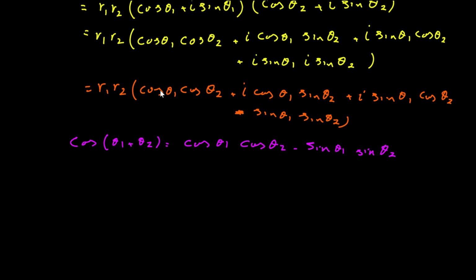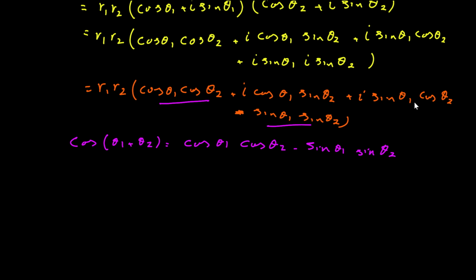So over here, what do I have? I have cosine of theta 1, cosine of theta 2, and then I need sine of theta 1, sine of theta 2. Do I have it? Yes. So these two terms are going to give me the cosine of theta 1 plus theta 2.